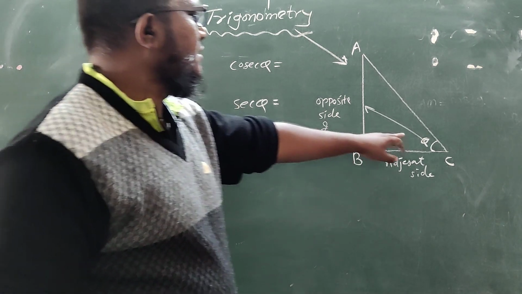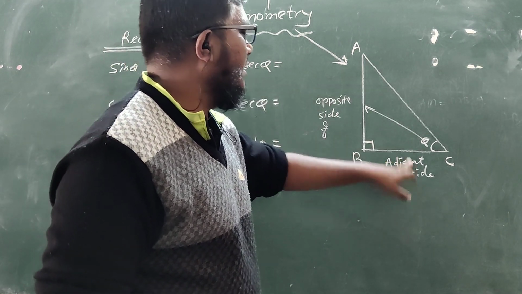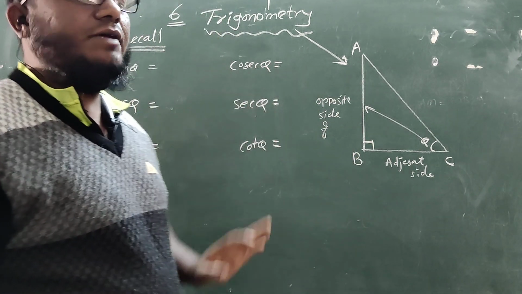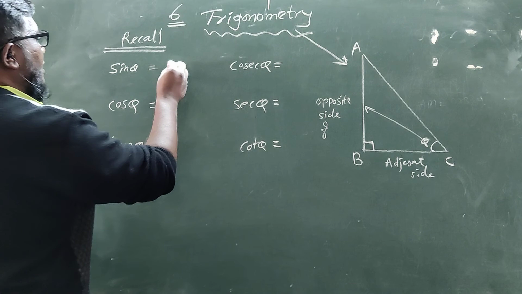Now, if theta is shown here, then the opposite side will be BC and the adjacent side should be AB.